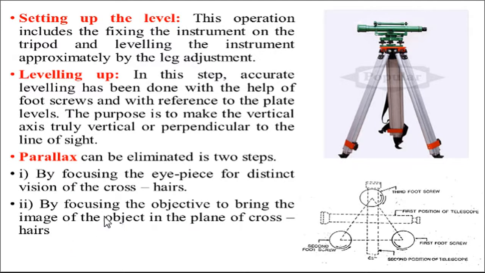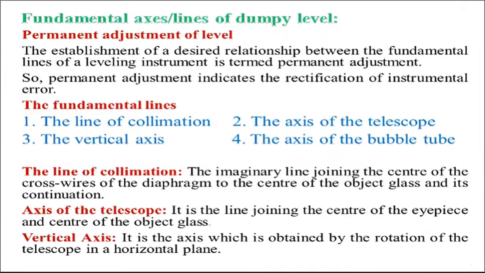So for removal of parallax, we do two things: focusing the eyepiece, and focusing the object glass. These can be done by turning the eyepiece and by turning the focusing screw on the side of the telescope. These adjustments are called the temporary adjustments of the dumpy level, and we have to perform them at every setup of the instrument.